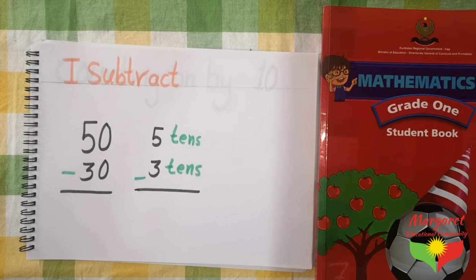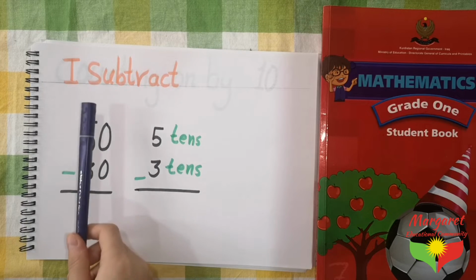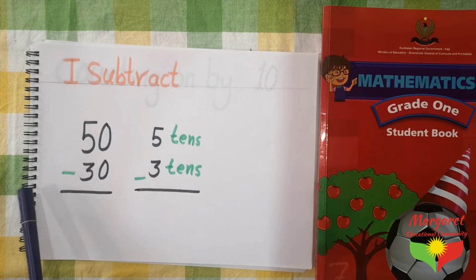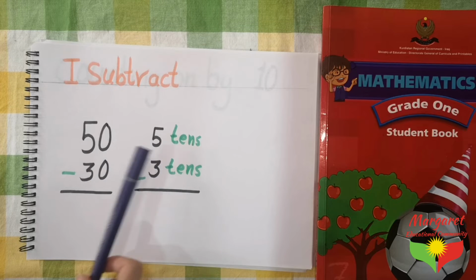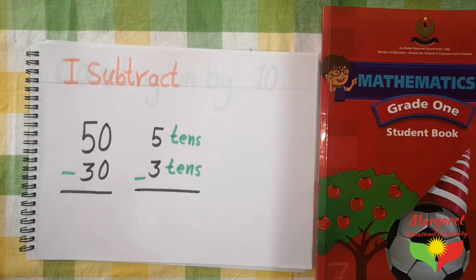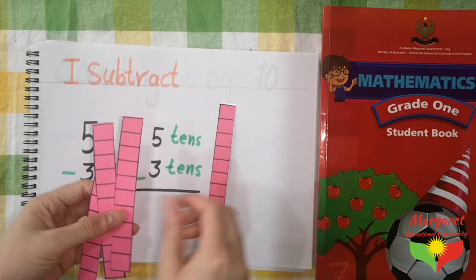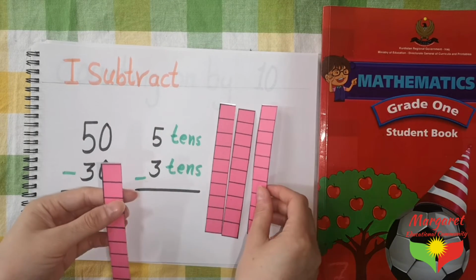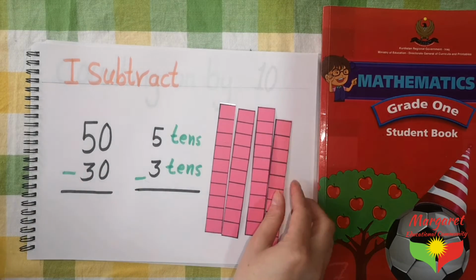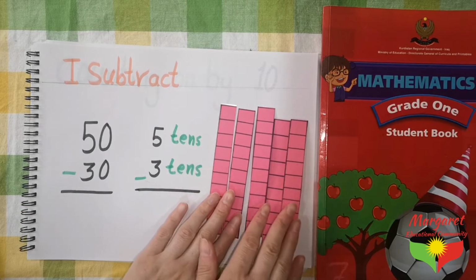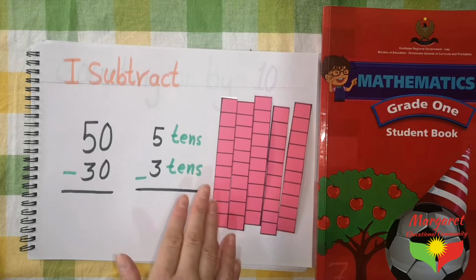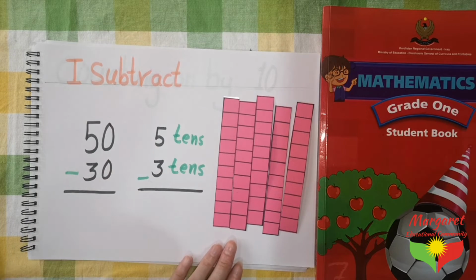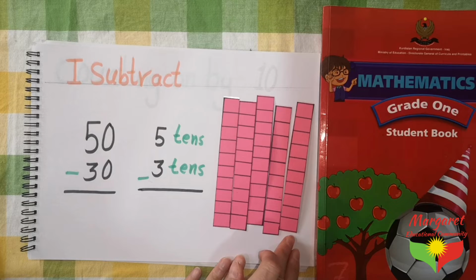Honey students, let's do this example. How to subtract 30 from 50? So 50 is 5 tens. 1 ten, 2 tens, 3 tens, 4 tens, and 5 tens. 5 tens is 50. 1, 2, 3, 4, 5.